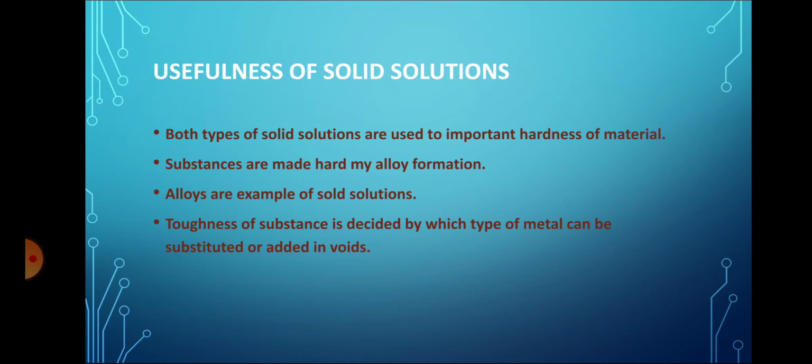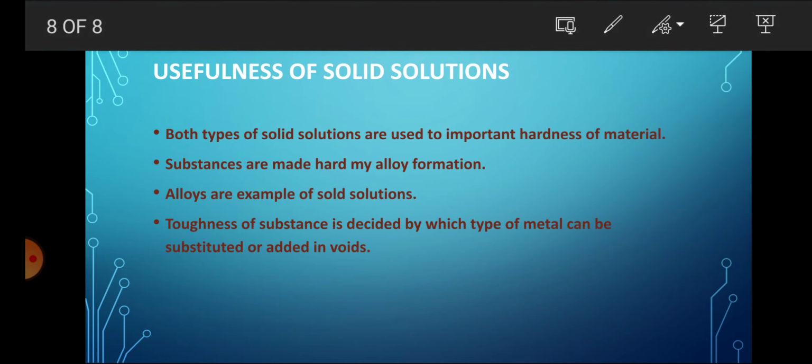Let's see the usefulness of solid solutions. Whether they are interstitial or substitutional solids, they are used to provide hardness to the material. Substances which are hard help in alloy formation.